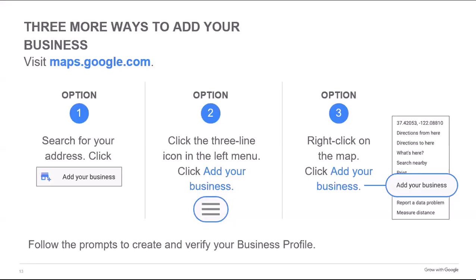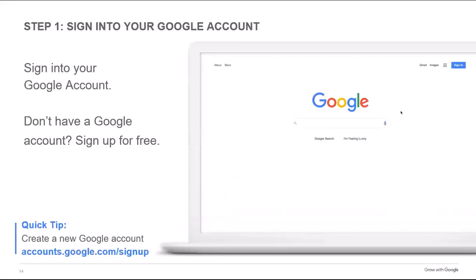Option number two is you click the three-line icon on the left-hand side of the menu and click Add Your Business. Or option three, you right-click on the map and click Add Your Business. And then you follow the prompts to create and verify your profile.